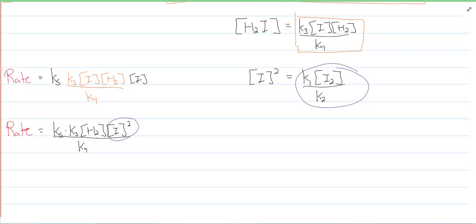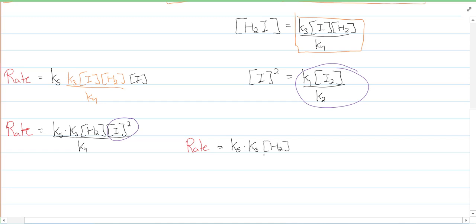So then we get rate equals K5 times K3 times concentration of H2 times K1 times concentration of I2, all over K4 times K2.